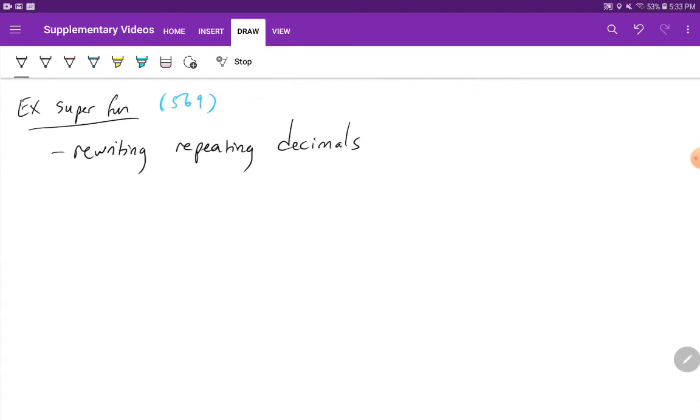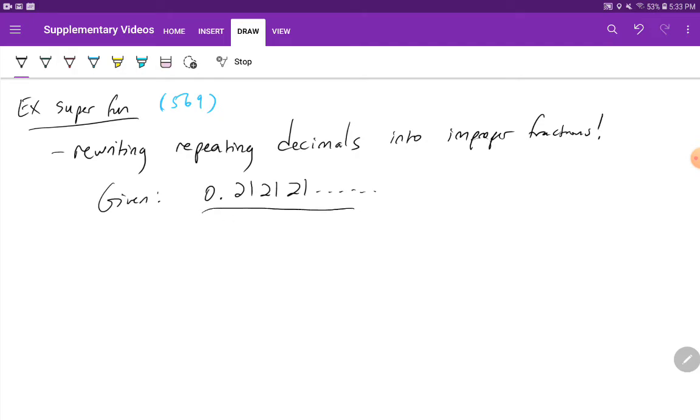Watch. So, if I have, let's say, 0.212121... You can rewrite this into improper fractions, right? You just need to express this as a geometric series. What? You can do that? Watch. Ready? This is the same thing as 21 over 100 plus 21 over... Oh, sorry.